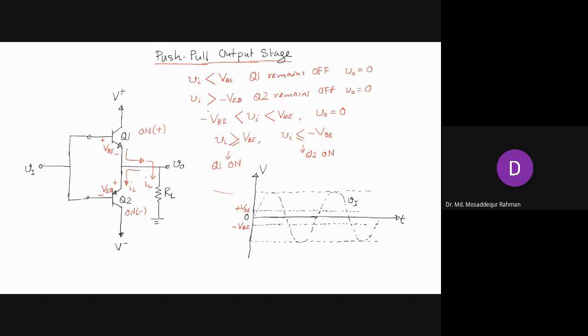Now, as we have shown here, as long as the input voltage Vi remains below VBE, Q1 remains off. So until the input voltage reaches this voltage VBE, the output voltage V0 will remain zero. And then V0 will start increasing when Vi exceeds this voltage VBE.